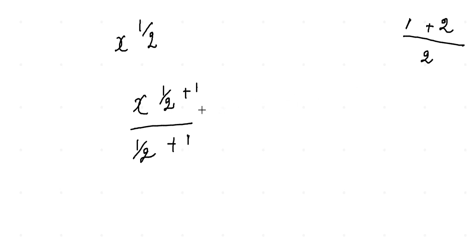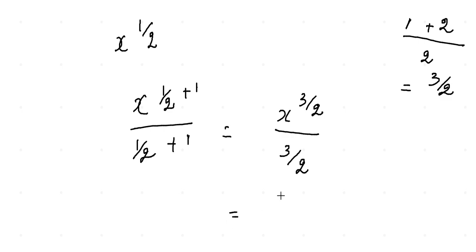Because 2 becomes the common denominator, and that is equal to 3 by 2, right? So that is equal to x to the power of 3 by 2 divided by 3 by 2, and because if you divide, it becomes upside down, it will be equal to 2x to the power of 3 by 2 divided by 3, and that's your answer, right?